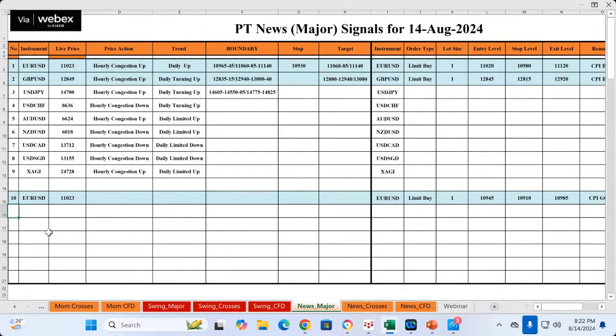Then if you are a conservative trader, let's assume the data came out to be good, what we will be doing is buying at 128.05, stop 127.80 and exit 128.75.